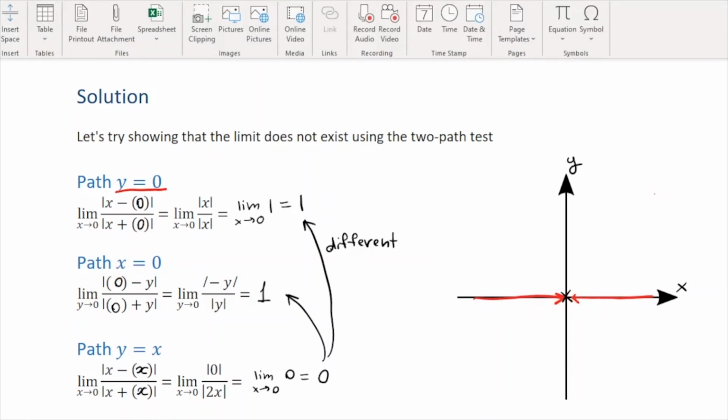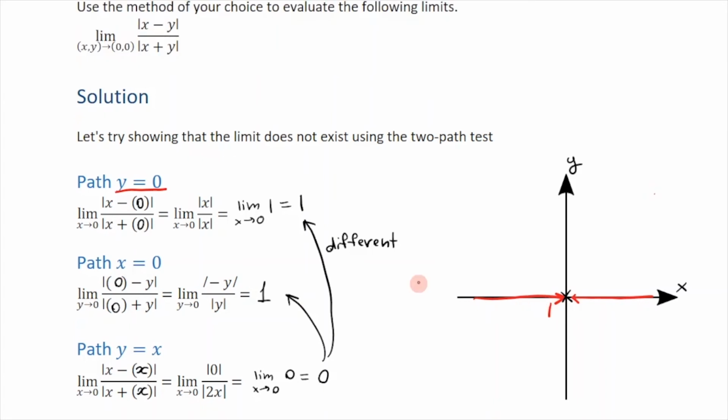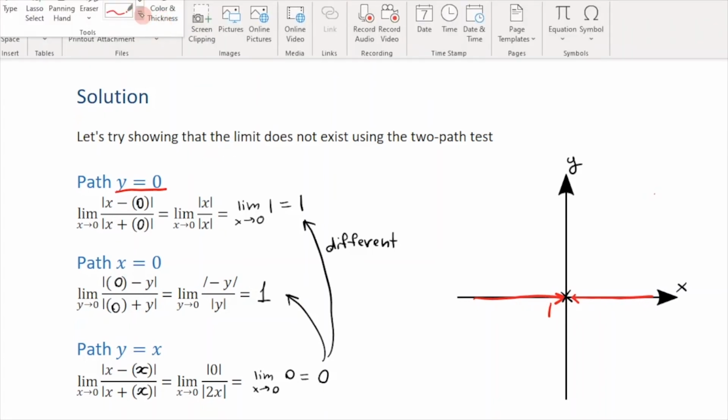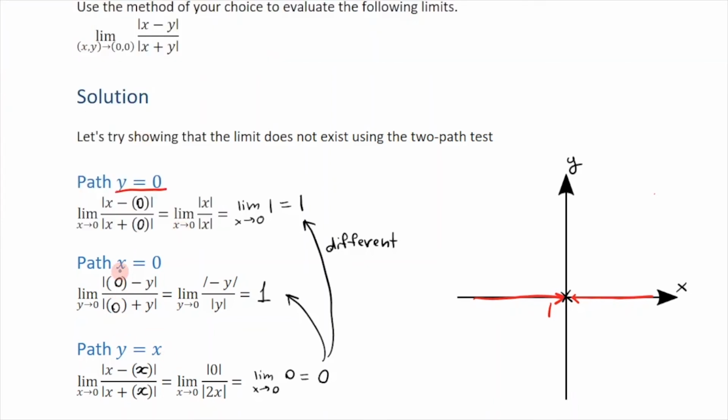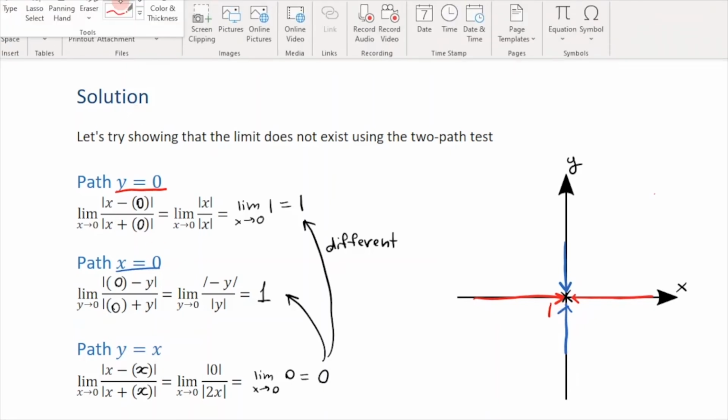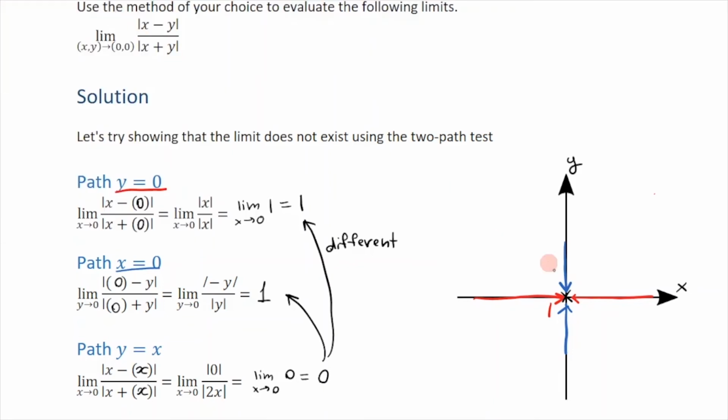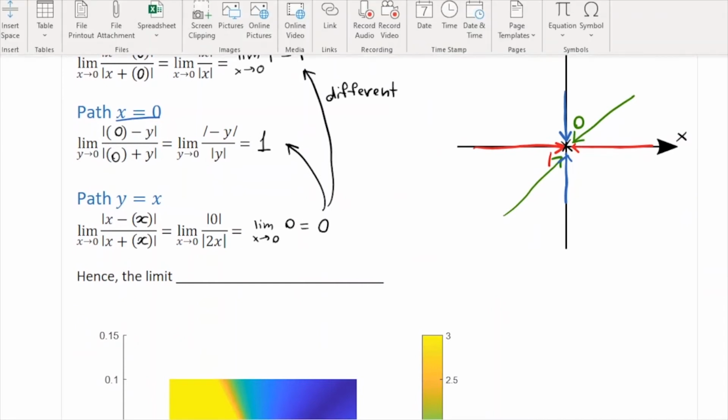Path y equals 0 gave us 1, and path x equals 0 gave us 1 as well. And path y equals x, which again converges on this point, gave us 0. So the limit along different paths is different, so by the two-path test, the limit doesn't exist.